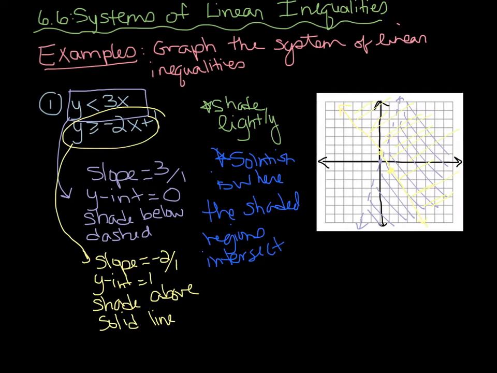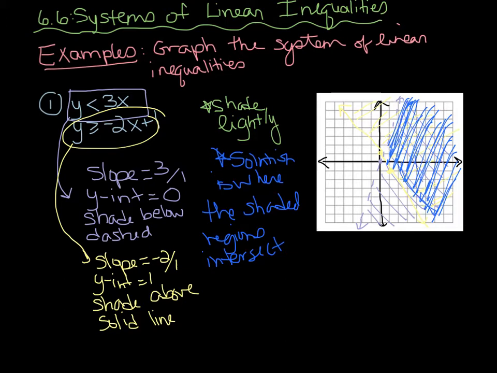So on this one, I use purple and yellow. So everywhere where the graph is both purple and yellow is going to be my solution. So I'm going to show that in blue. And that's going to be my answer.